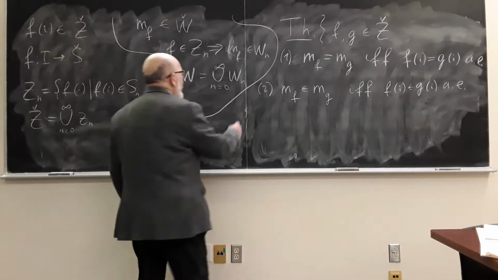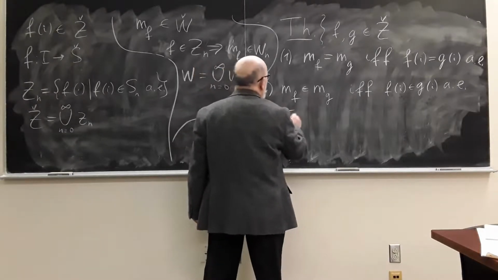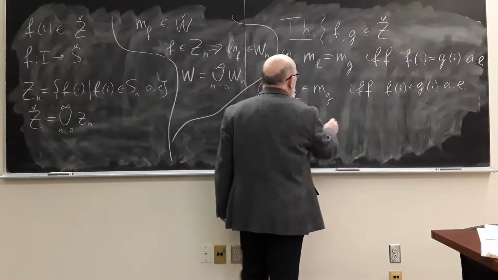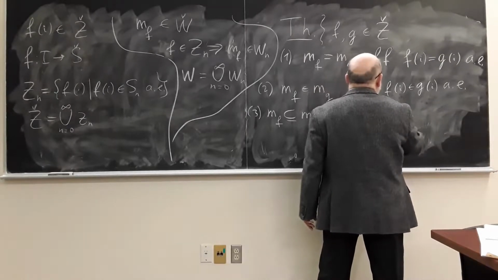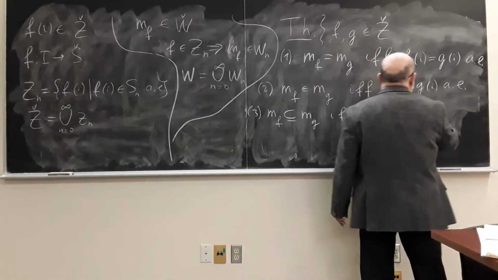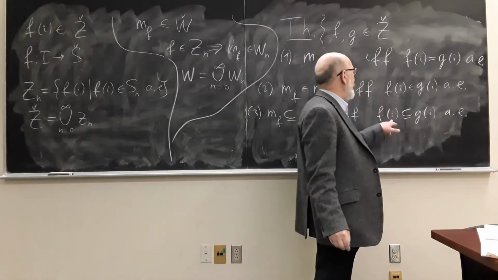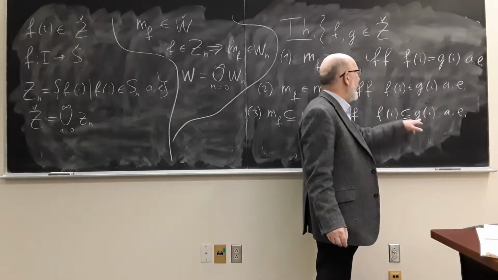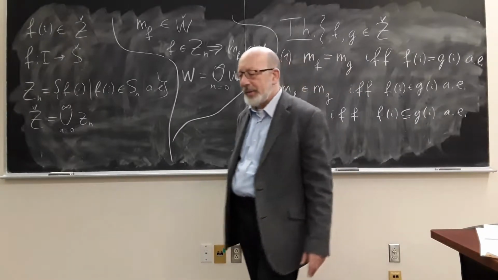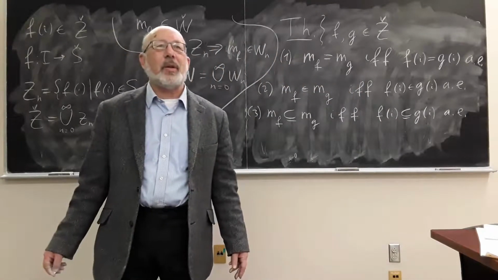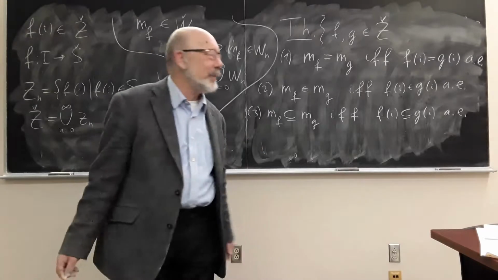And MF is a subset of MG if and only if F(i) is a subset of G(i) almost everywhere. No, this makes sense if the values of F and G lie in S_n for some n more than 0, so that they are sets.